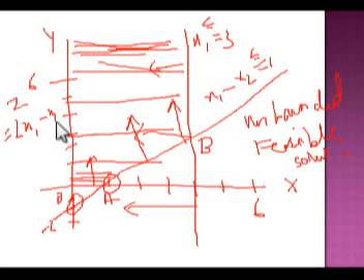So if we put the point (1, 0) here, we will get 1. So we put here the point (1, 0).